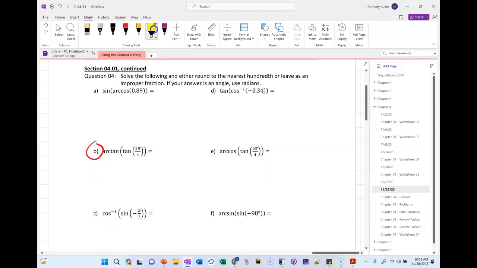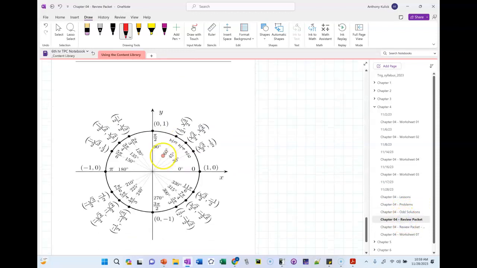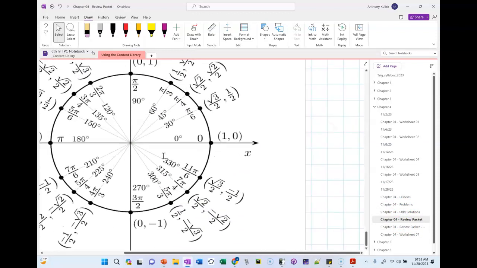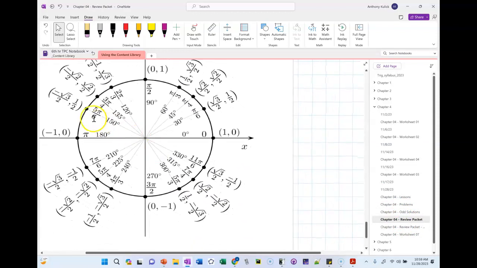So we always start on the inside. So tan of 3 pi over 4. That's a unit circle angle. So I'm going to go to my unit circle. So 3 pi over 4 is here.